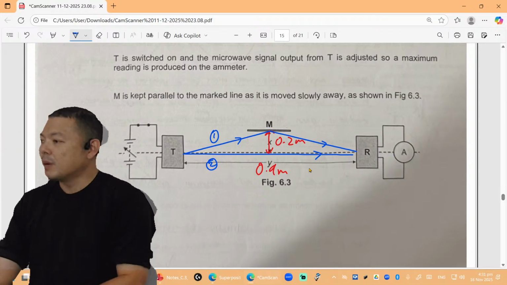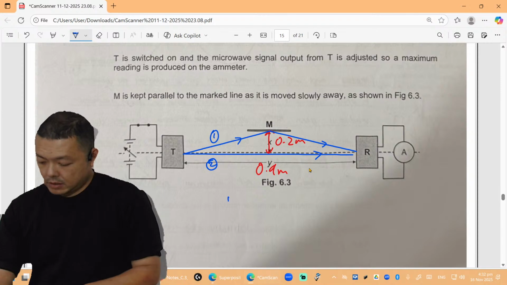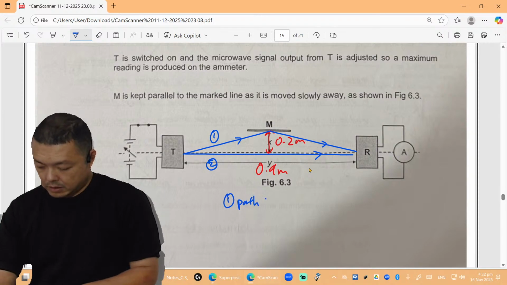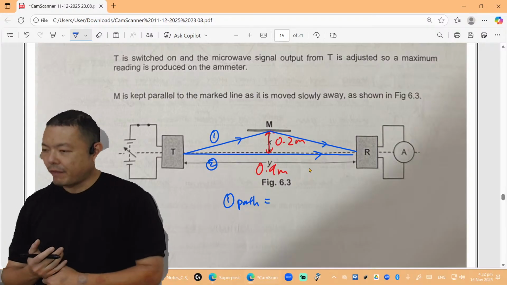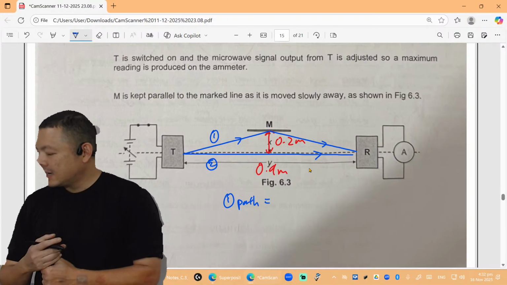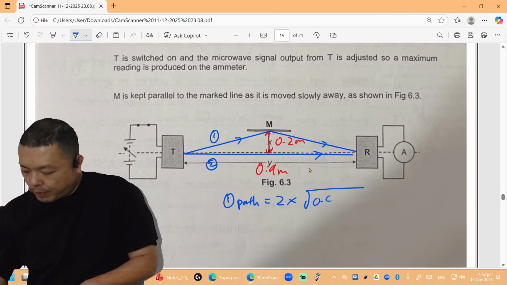All right, do the math. What is the distance traveled by source 1? Use Pythagoras' theorem: 0.45 and 0.2, and then you need to times that by 2. So 2 times the square root of 0.45 squared plus 0.2 squared.